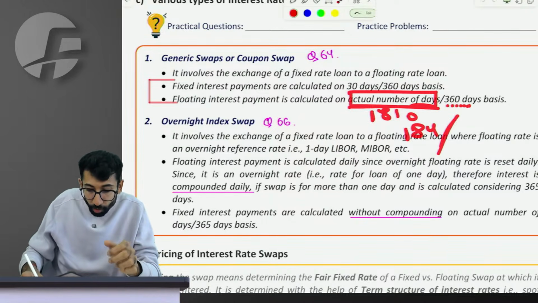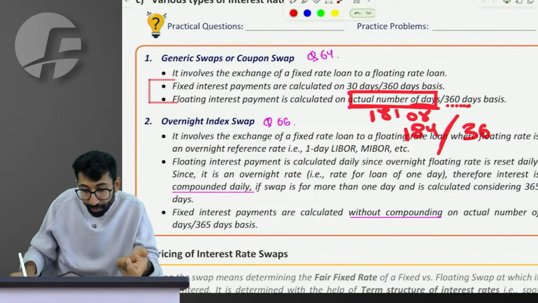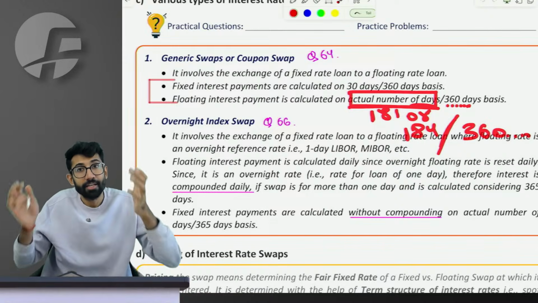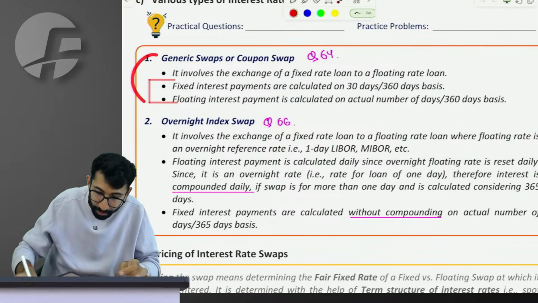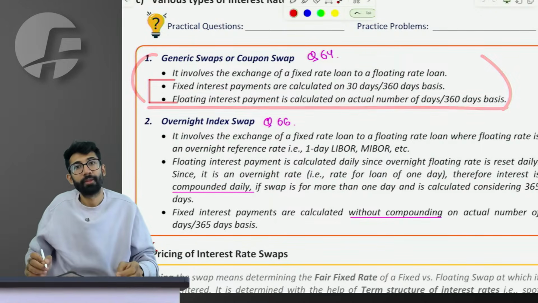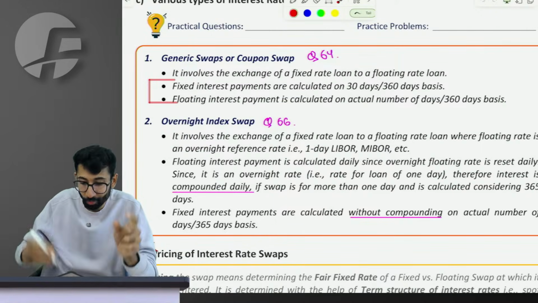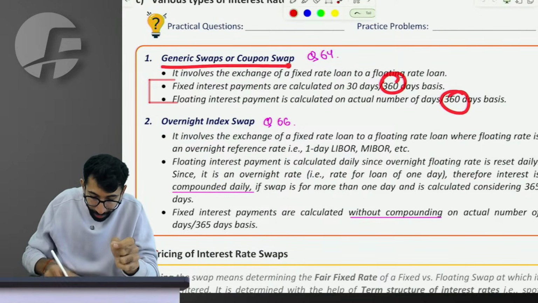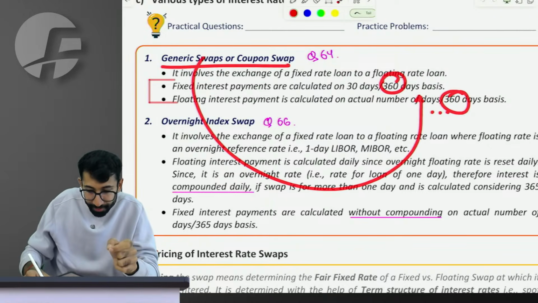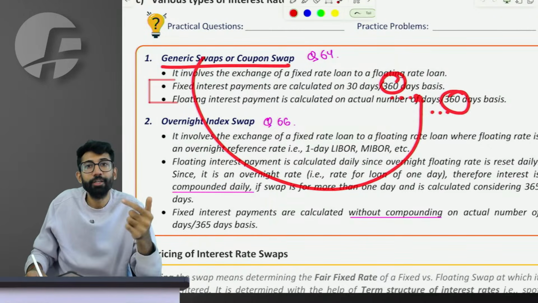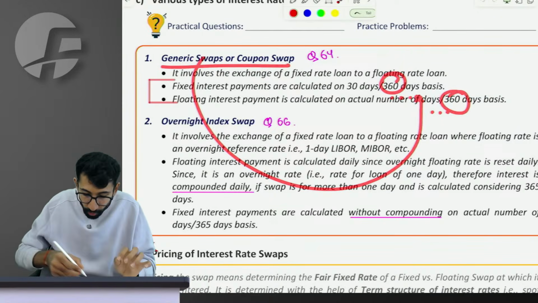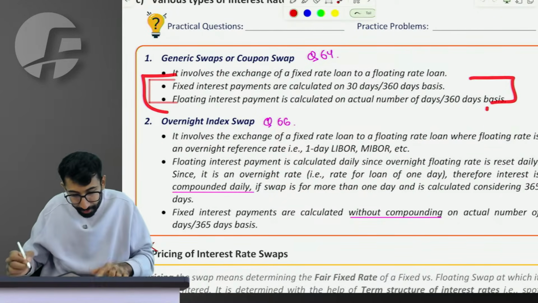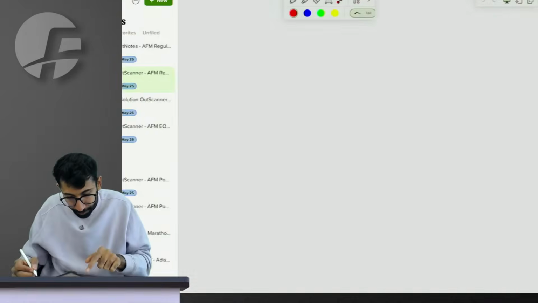So 181 or 184, whatever the number of days, divided by 360 days is how the floating interest is calculated. This is the market convention. As I told you in the day counting rules, a generic swap also has a 360-day consideration, similar to FRA.